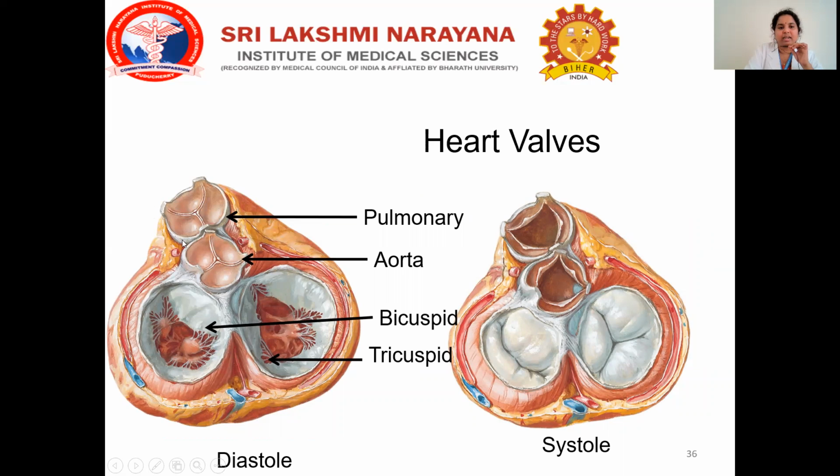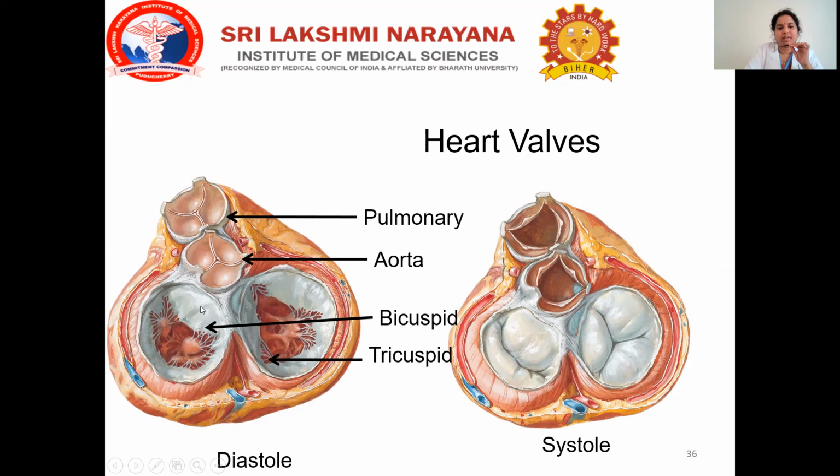Anteriorly is the pulmonary trunk guarded by the pulmonary valve, and in the middle the aorta guarded by the aortic valve. On this side, the left atrium and ventricle communicate through the bicuspid valve. Here the right atrium and right ventricle communicate through the tricuspid orifice.